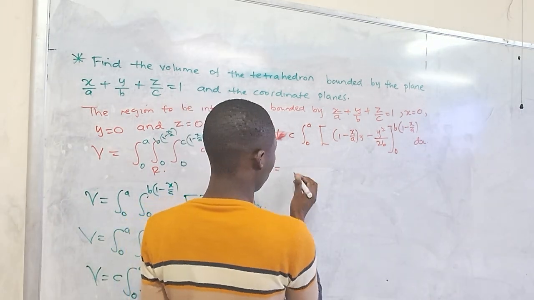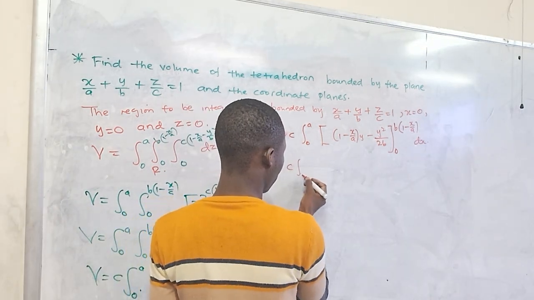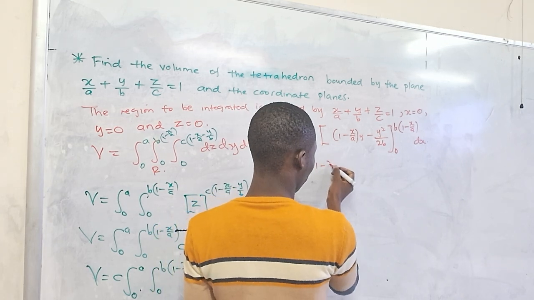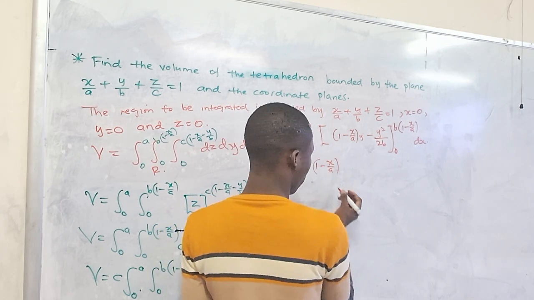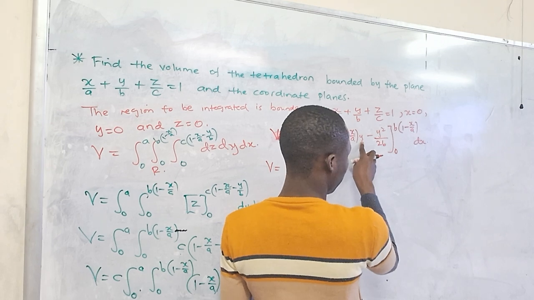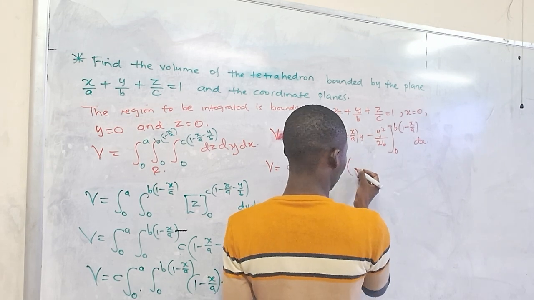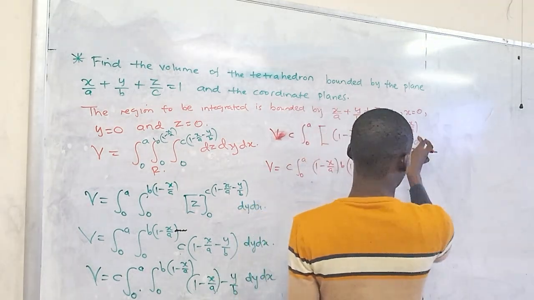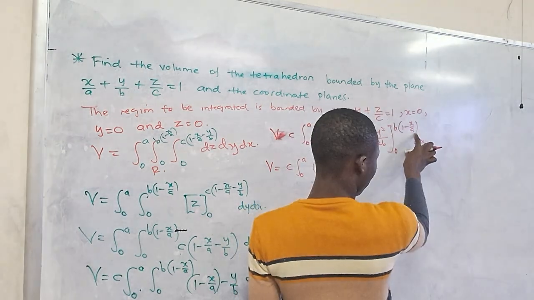V is equal to c, the integral from 0 up to a of 1 minus x by a, then y, so it's b into 1 minus x by a, minus this squared.